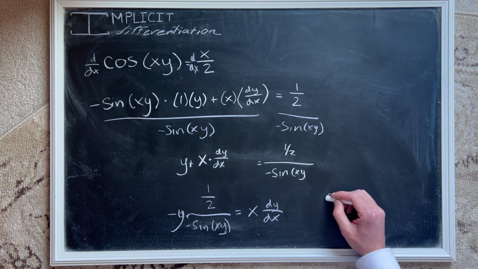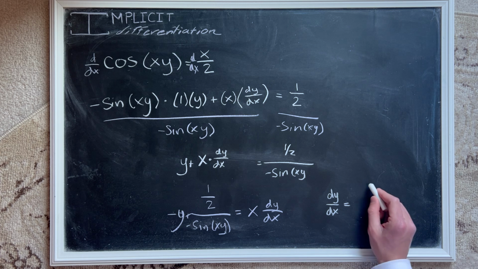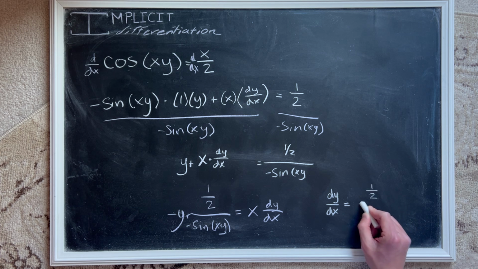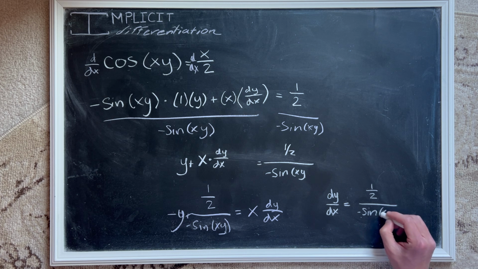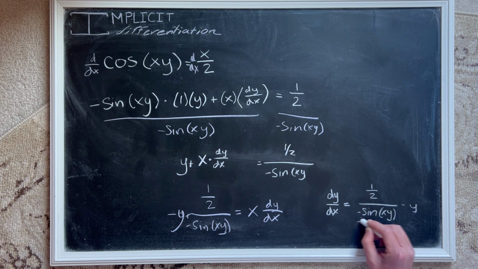So we know that dy over dx equals 1/2 over negative sine xy, and this is all minus y, all over x. So that is our answer. We could simplify it a little bit, but it's not super important.